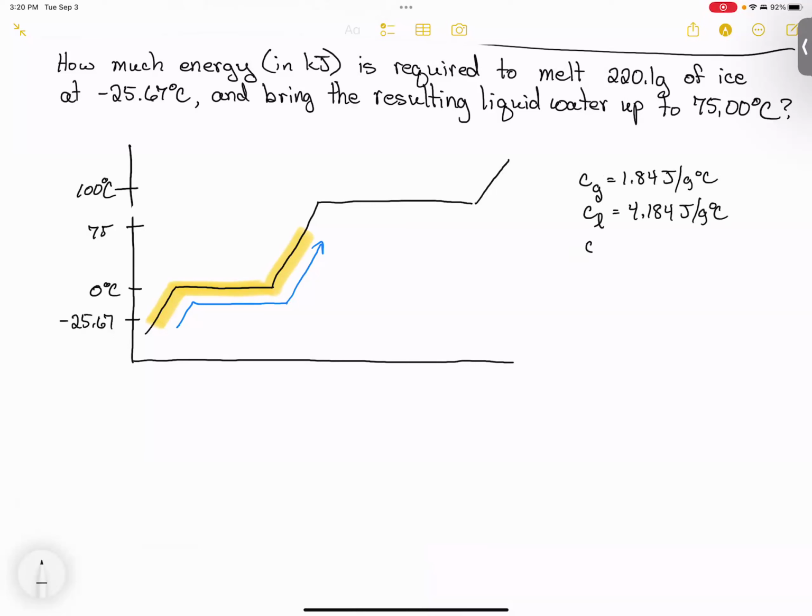The specific heat of the solid is 2.09 joules per gram degrees Celsius. The ΔH of vaporization is equal to 40.7 kilojoules per mole. The ΔH of fusion is equal to 6.01 kilojoules per mole.